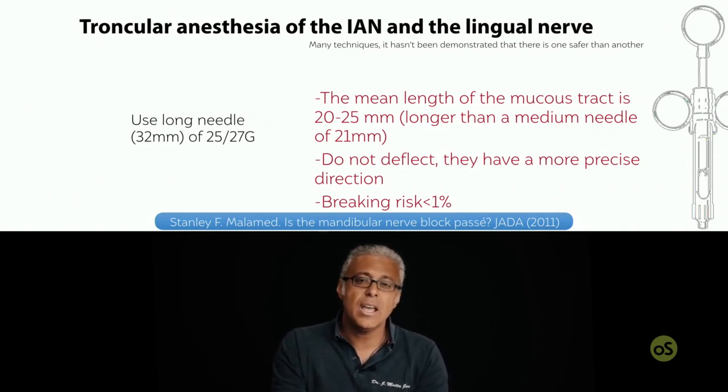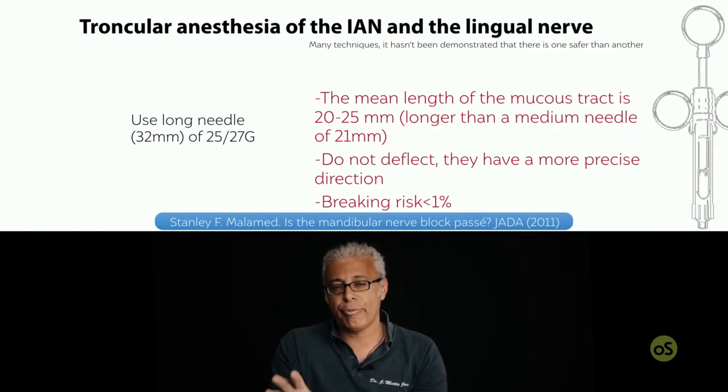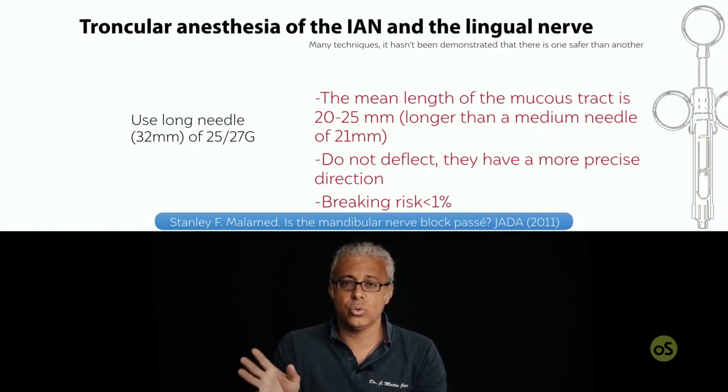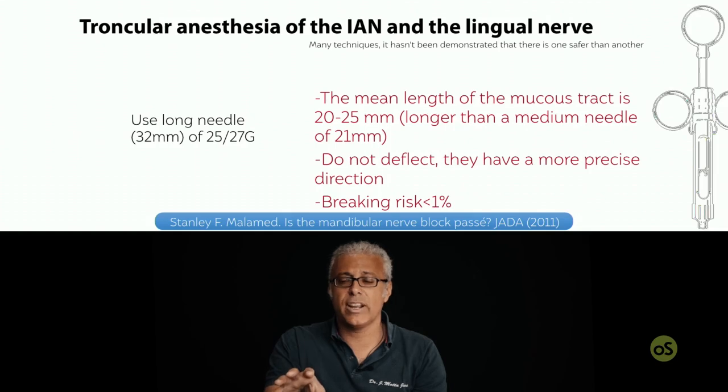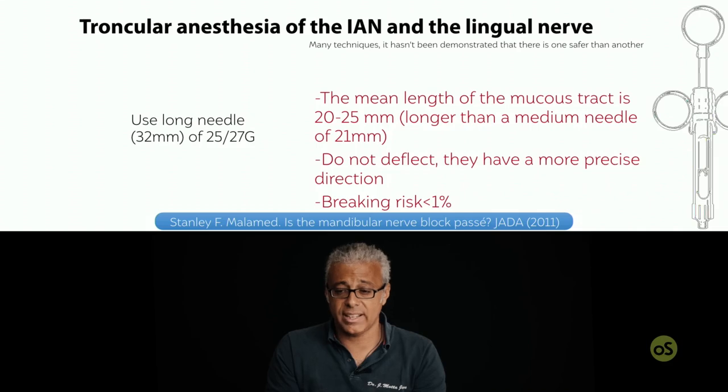In my surgeries, more or less 85 to 90% are performed with local anesthesia using articaine and a vasoconstrictor 1 to 100,000, and I avoid the usage of a full block because in my 20-year experience I had a couple of temporary lingual nerve paresthesias, and so I reduced completely the usage of this kind of technique.